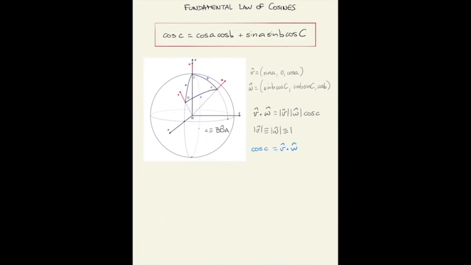And the dot product between v hat and w hat is, given the definition in Cartesian coordinates, sine a, 0, cosine a, dotted with sine b cosine big C, sine b sine big C, cosine b. Now it's equal to sine a sine b cosine C, plus 0, so we don't need the middle term, plus cosine a cosine b.